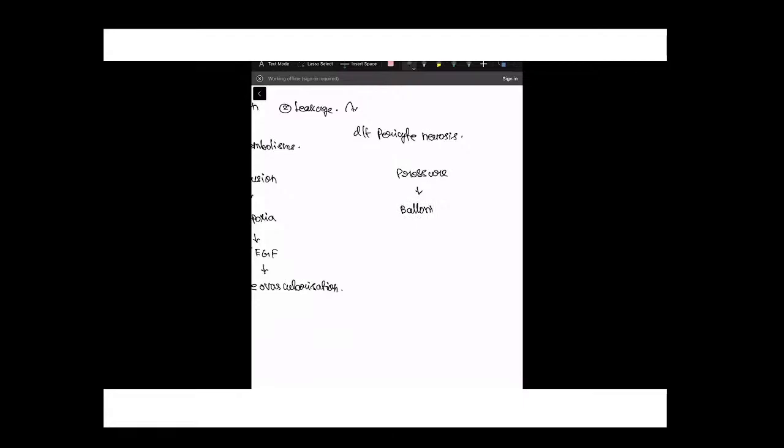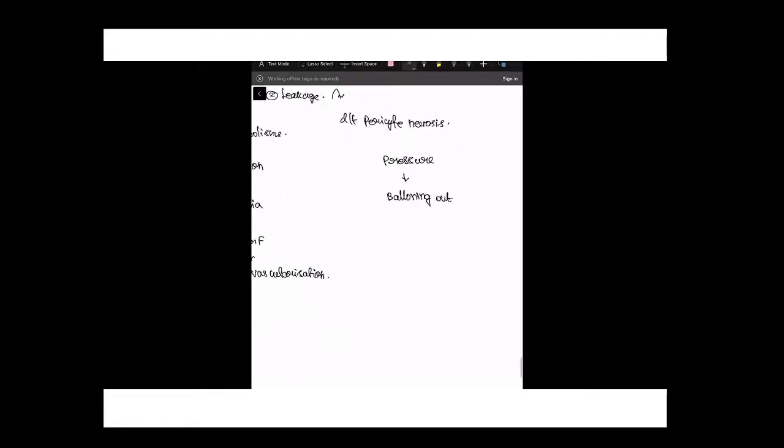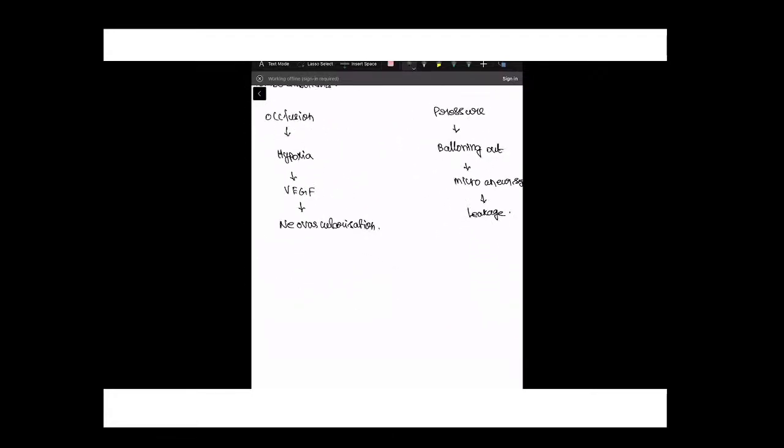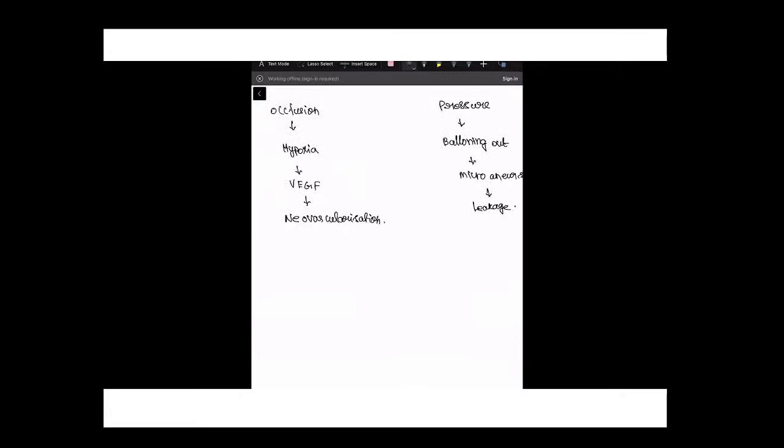There is ballooning out of the microvascular vessels, going to lead to aneurysms, which is the ballooning out, and this aneurysm is going to leak. There is leakage. So this is the pathology of diabetic retinopathy.